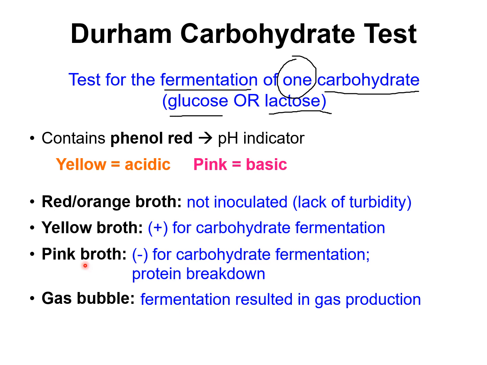You will never find gas bubbles in a pink broth because remember, if it's pink, it means that it's not capable of fermenting sugar. And if it's not going through fermentation in the first place, then there won't be gas. So if you do find gas, then you will find it in the yellow broth.